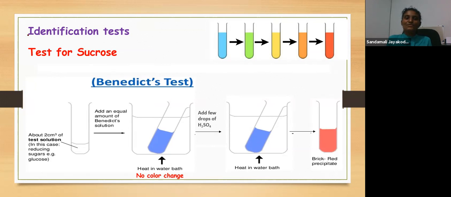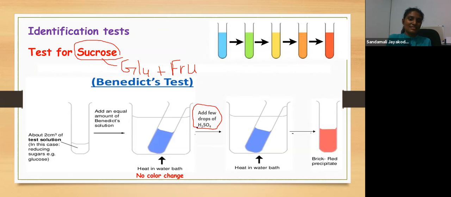As I told you, sucrose is made up of glucose and another fructose molecule. So what we do here is we are going to hydrolyze this sucrose. To hydrolyze this, we are adding sulfuric acid. It's an acid.